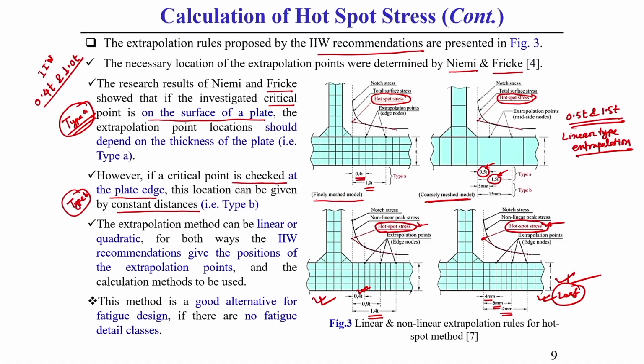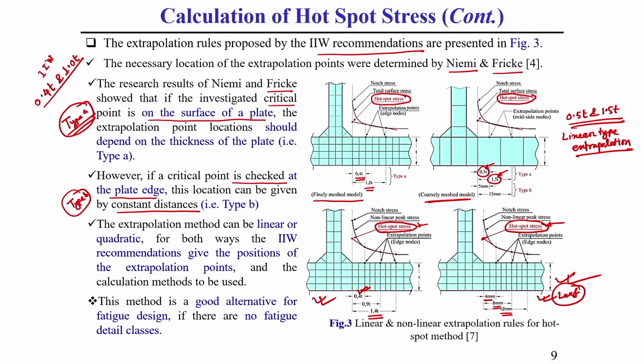So, when we use some other standard and calculate the hotspot stress, that generally gives a higher number of cycles, that means it is not as conservative as the IIW standard. You should keep this in mind. It is observed that the IIW and Eurocode standards give fatigue life estimations very close to each other.